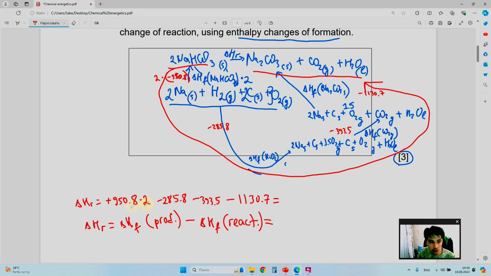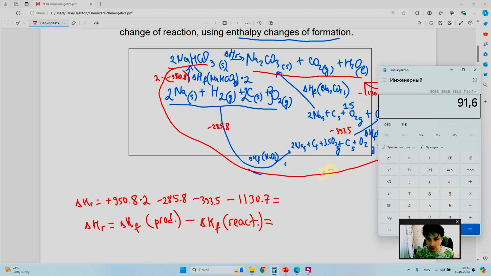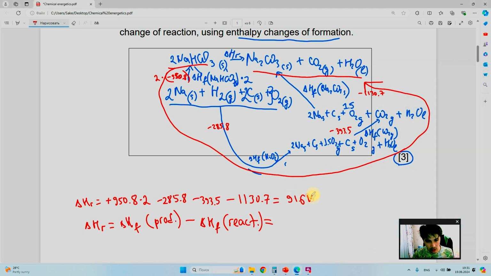So if you put all of these values together, you're gonna have 91.6 kilojoules for this reaction. So usually it's given for 1 mole, but we can just leave it because it's for 2 moles of sodium hydrogen carbonate, and this is for that equation. So we also can double check if we have the appropriate sign.